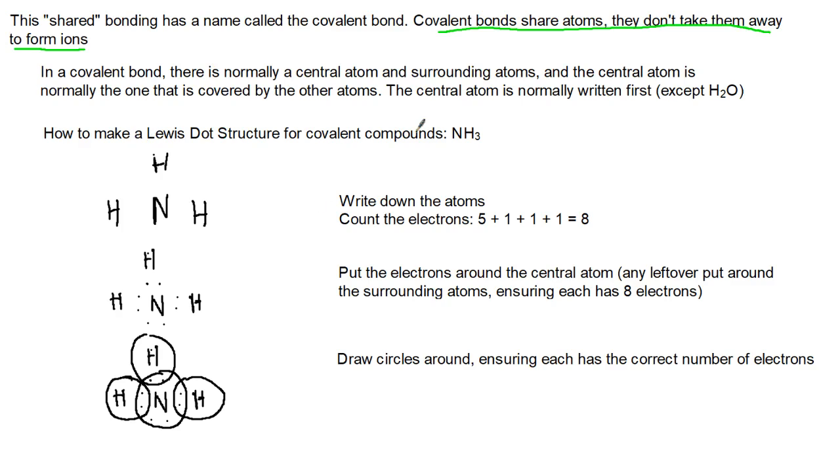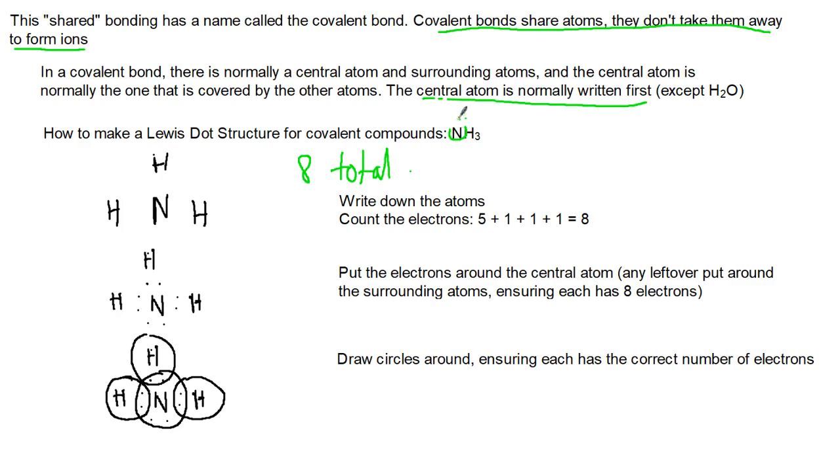If you want to make a Lewis dot structure, you have to do some math, right? First of all, you count the electrons: 5 plus 1 plus 1 plus 1, which is 8. So there are 8 total electrons. You put the hydrogens around the nitrogen, because the central atom is normally written first.